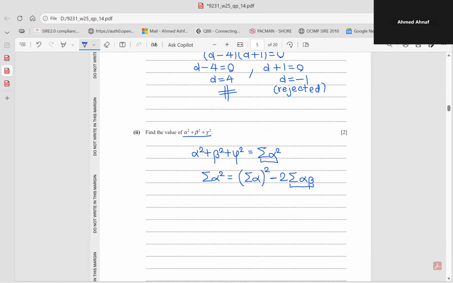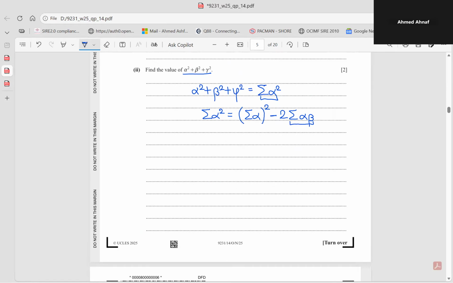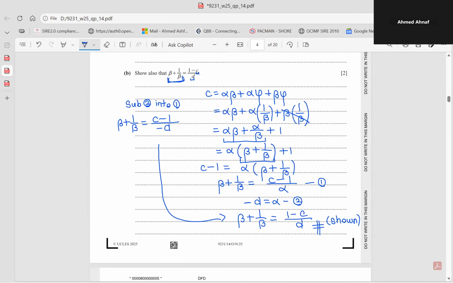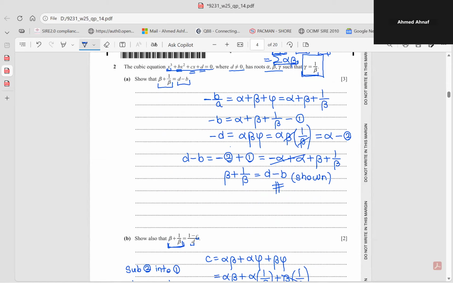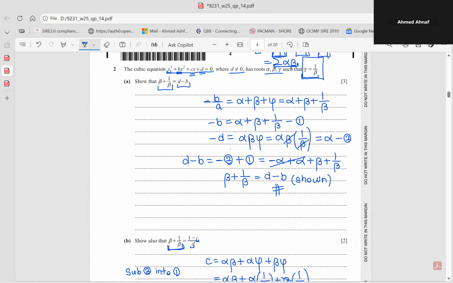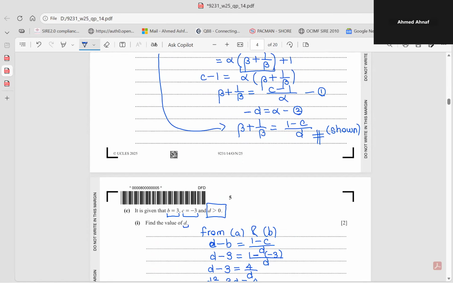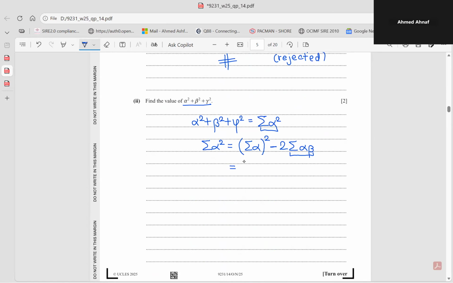So with that out of the way, we can just substitute Σα, the sum of roots. The sum of roots, you should know, is minus b over a. In the first part, I already went through it. So it's just minus b, so I'm just going to put minus b squared here.